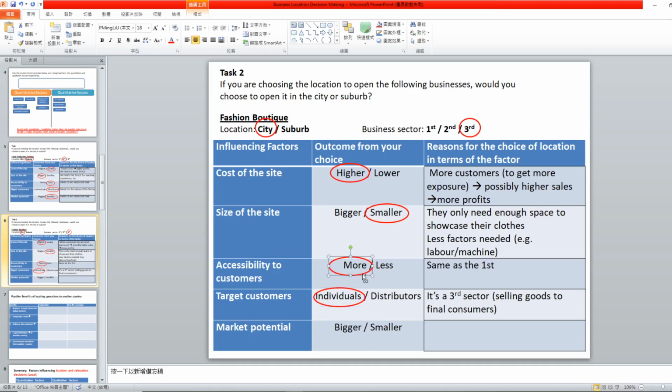I would say bigger market potential because you're now setting up your boutique in the metropolitan city. So it's going to be the same as the first one. Just like that.